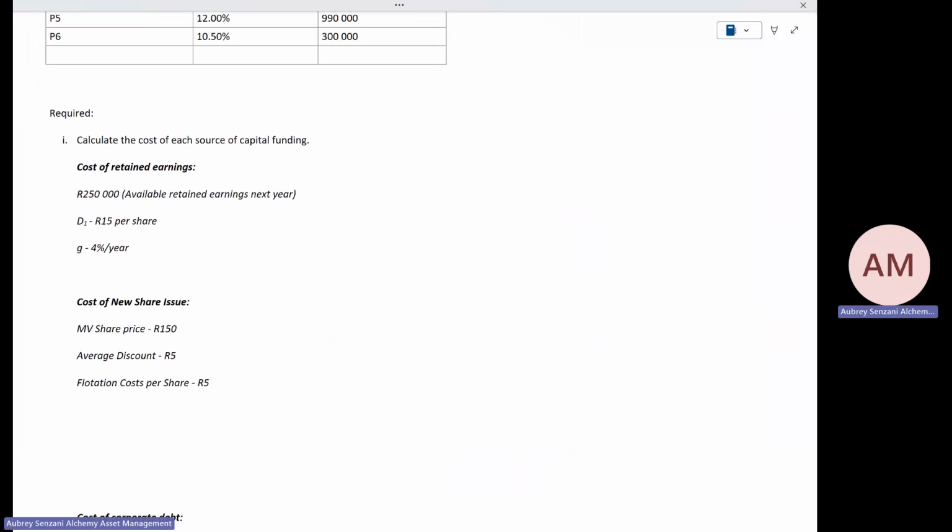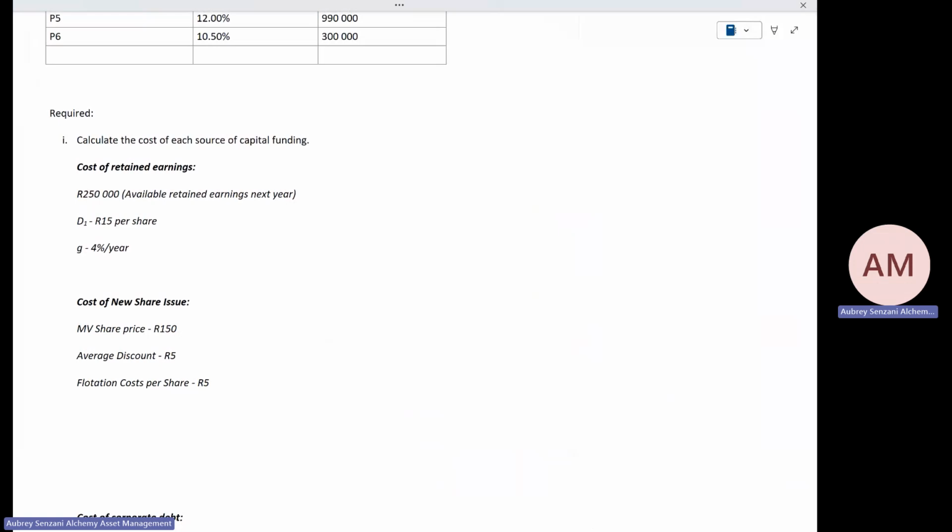If the company were to raise funds through a share issue, it will have to discount the share issue price by an average discount of 5 Rand per share, plus pay expected flotation cost of 5 Rand per share. The extent of capital that can be sourced through the ordinary share issue is considered unlimited. Okay, so here we don't have any limitation.